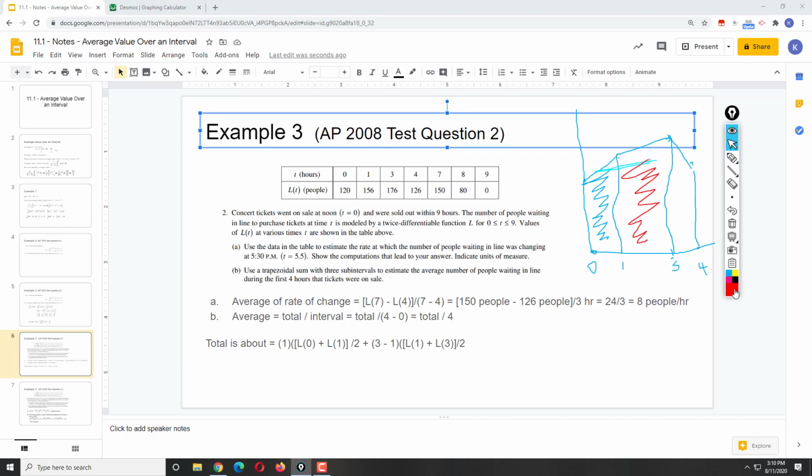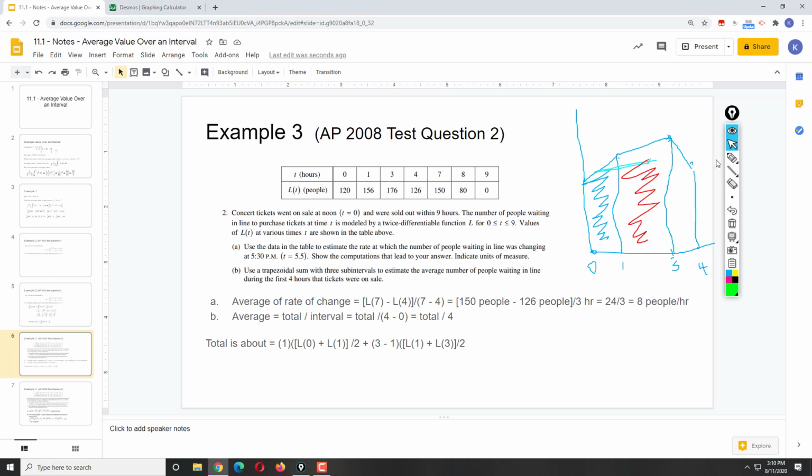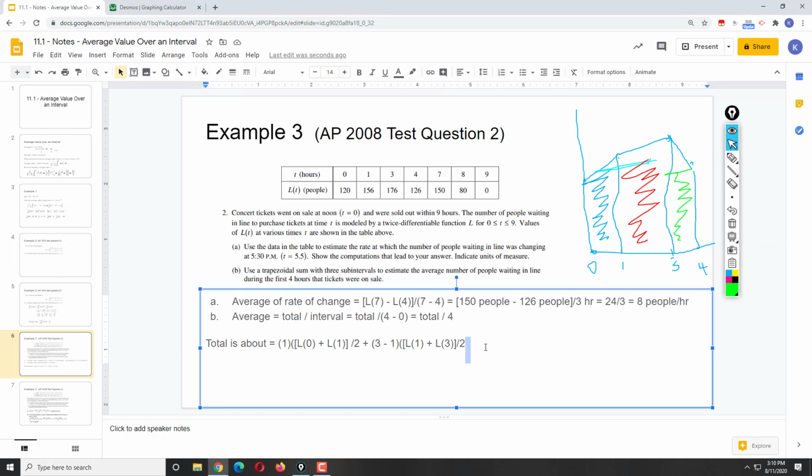Finally, we have our third trapezoid, from 3 to 4. That's 4 minus 3 times the average of L(3) and L(4), so L(3) plus L(4) divided by 2.